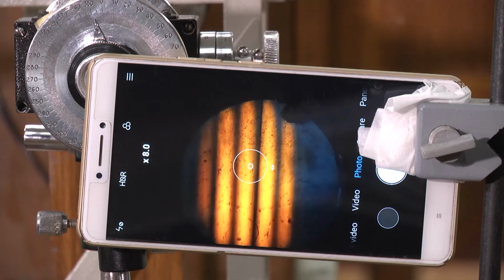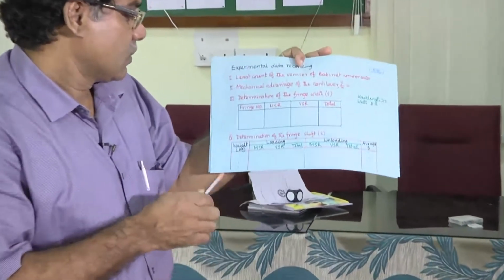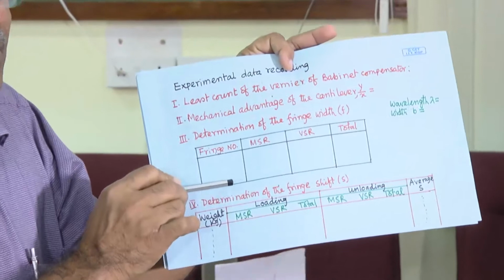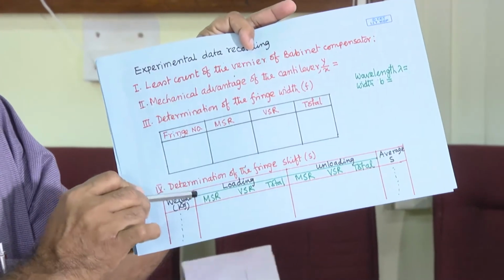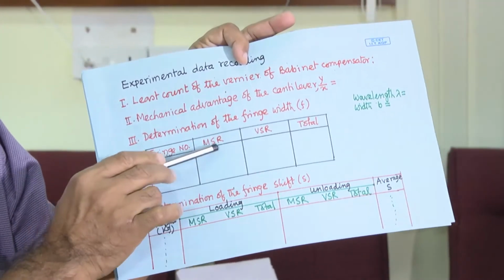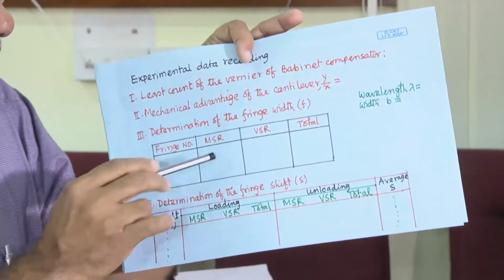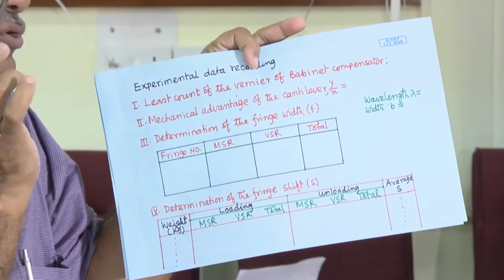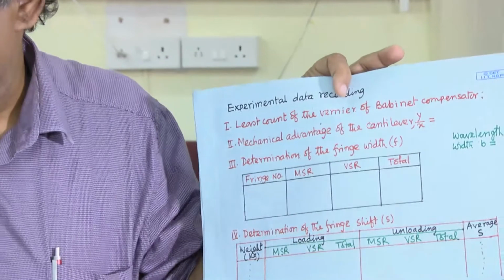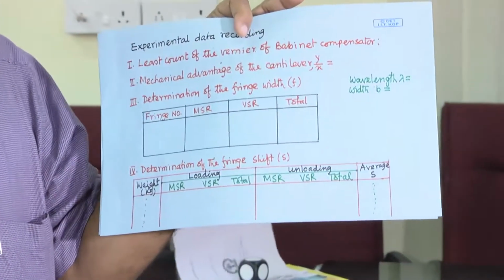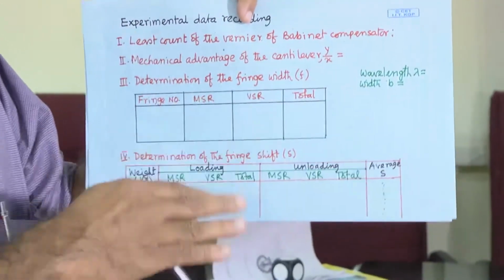Then note down the readings here, I have a table. Fringe numbers 1, 2, 3, 4, 5 up to 8. Then the reading: we basically have a main scale and a vernier scale. I will show you, since I have set up and do not want to disturb it before explaining.